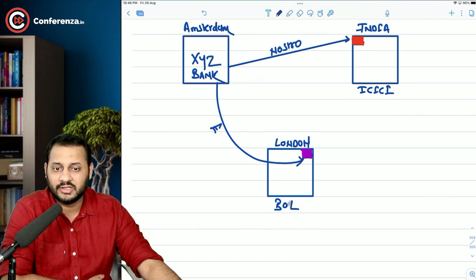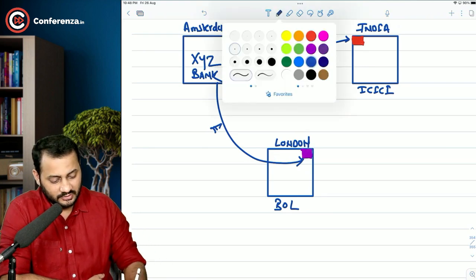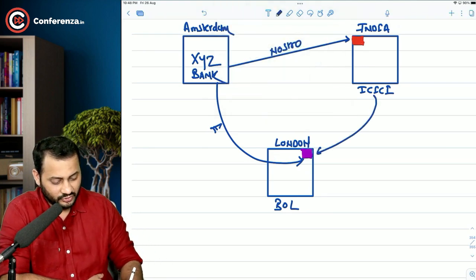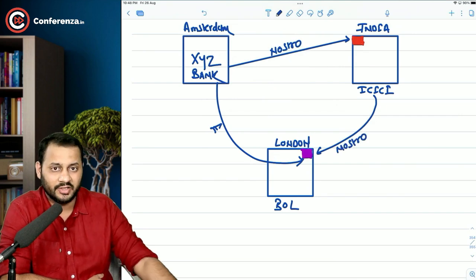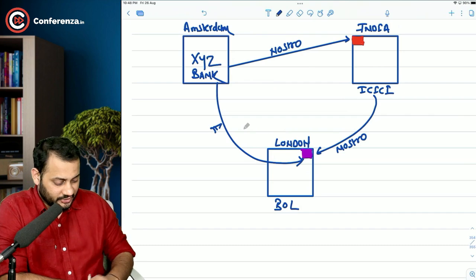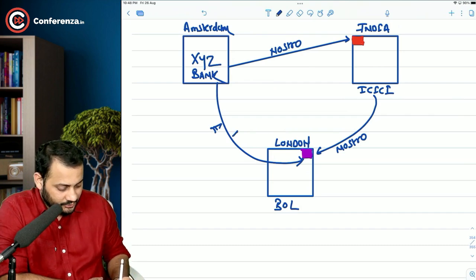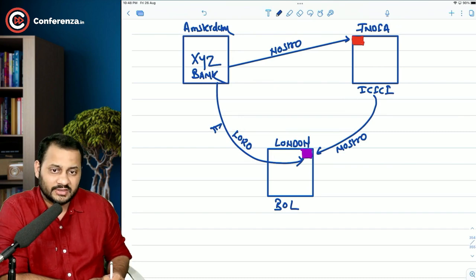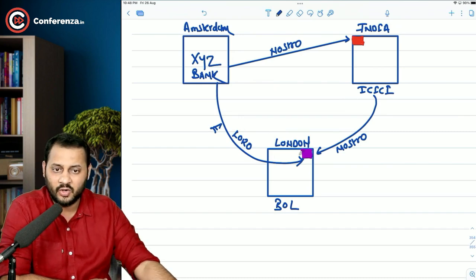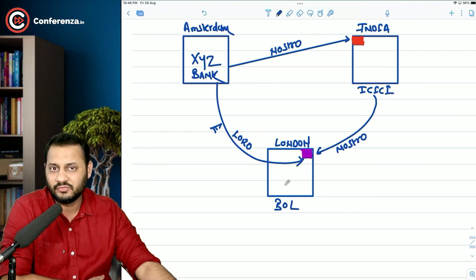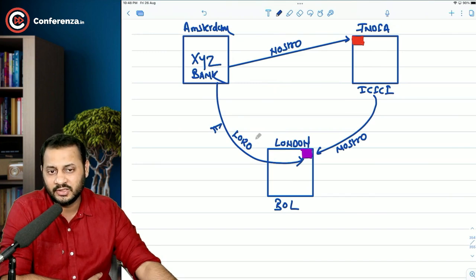So we are pretty much sure that the bank is of London. And whose account is this? This account is ICICI Bank's Nostro account. Now understand, the same account is Loro for XYZ Bank because neither the account is of XYZ Bank nor the bank is of XYZ. So this account is Loro for XYZ, and this account is of ICICI Bank, so it will be Nostro for ICICI and it will be Vostro for Bank of London.